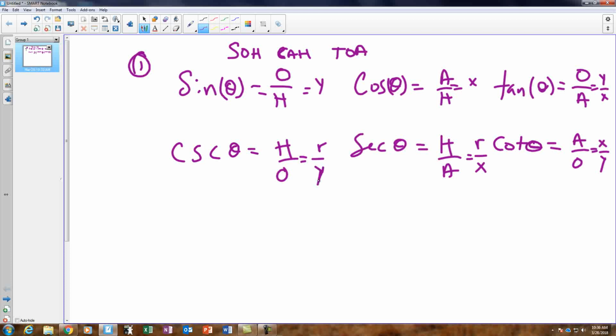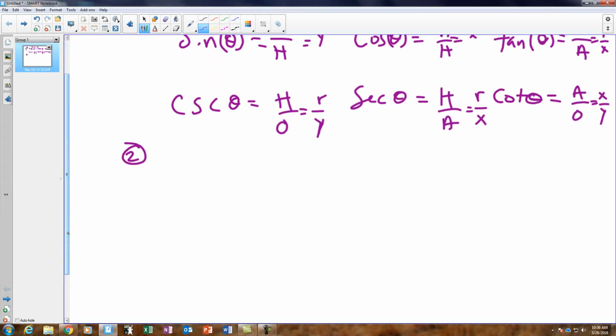You know that r is always 1, and so that's useful, but you might need to memorize those for using the unit circle. You might not. It depends on how comfortable you are with it. But only the O, A, and H is necessary for problem 1. Now you can pull out your unit circle. Again, I will check that off as correct or incorrect before you pull your unit circle out. We'll try to make that happen as quickly as we can.